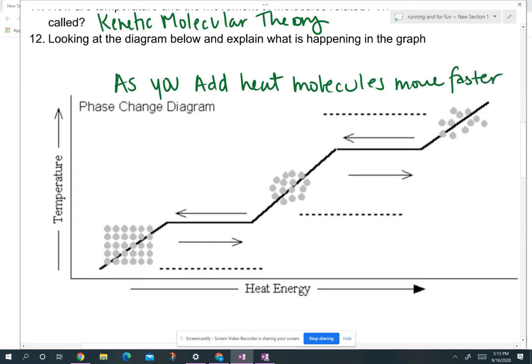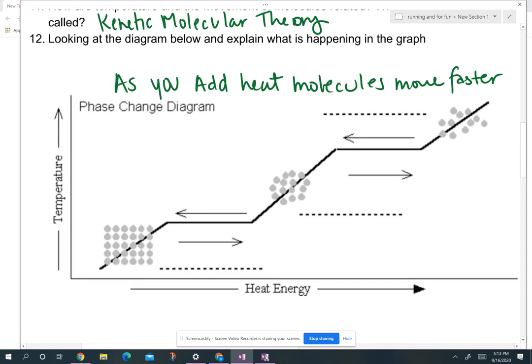Right, so as you add heat, your molecules are going to move faster. So that is pretty much what you see on here, right? And you see that temperature and where you're at phase change wise are related to each other.